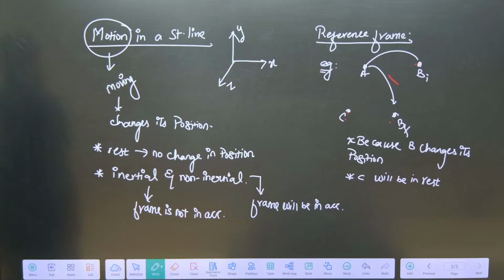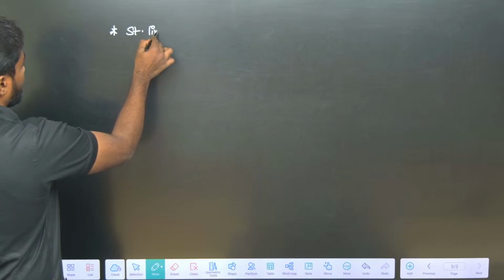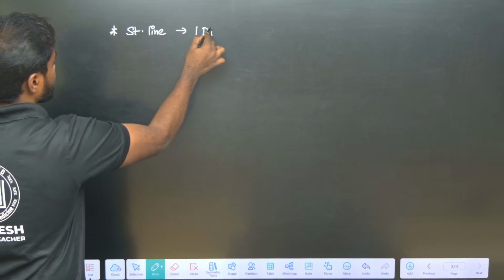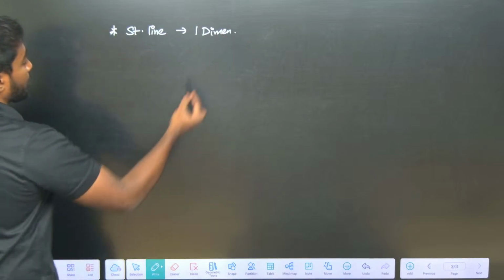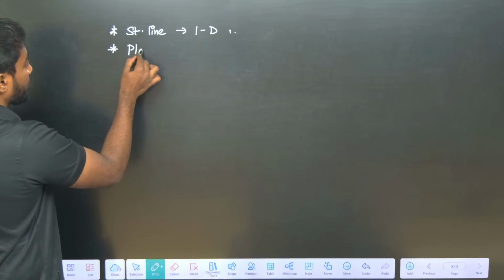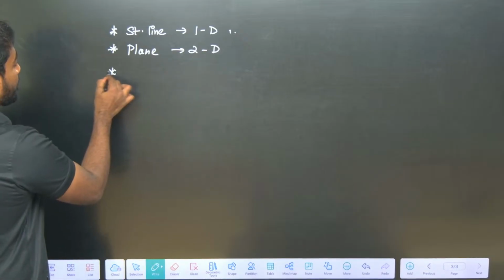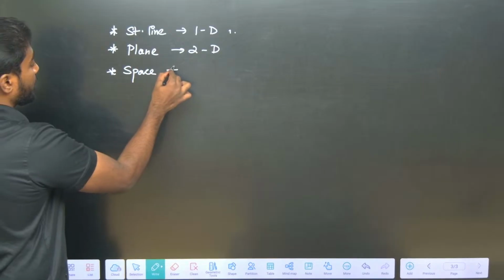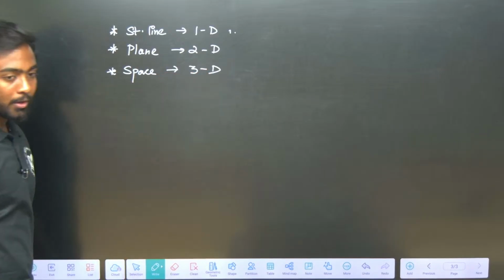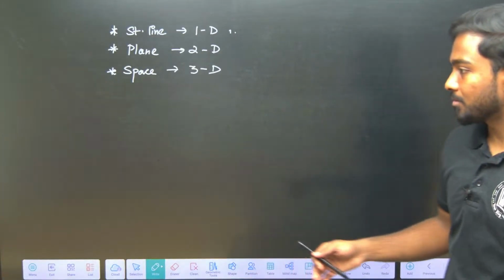Okay, done. So we have talked about the straight line. A straight line we can say is one dimensional, 1D, whereas a plane is 2 dimensional, and space is 3 dimensional.